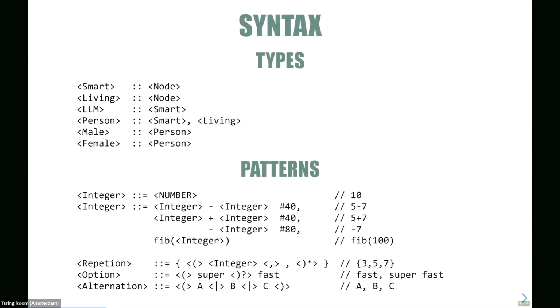Okay, so first of all, in Nelumbo you can define syntaxes. And syntaxes consist of types, meaning actually the non-terminals of your syntax, and patterns. Here you see a bunch of examples of those pattern definitions. Here we have a literal, a number, and that represents in this language an integer type.